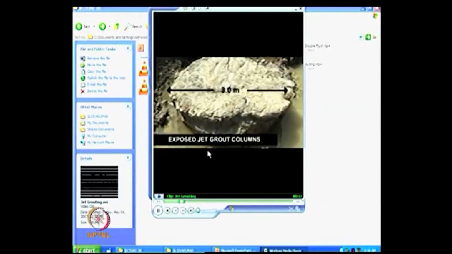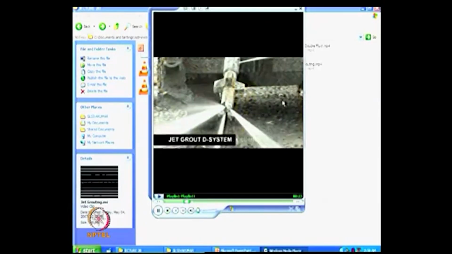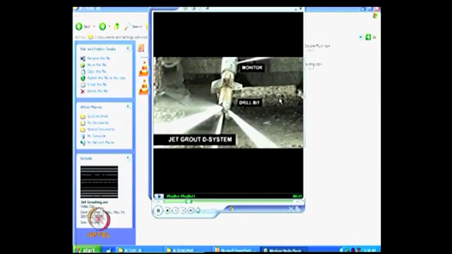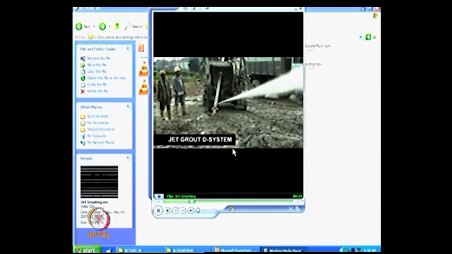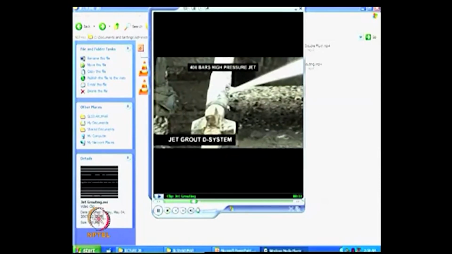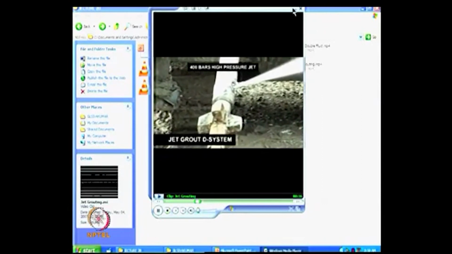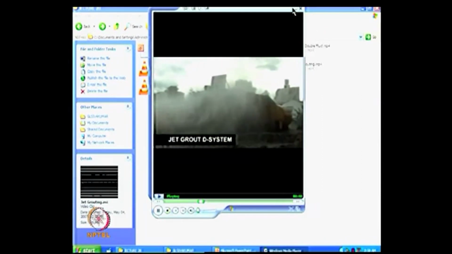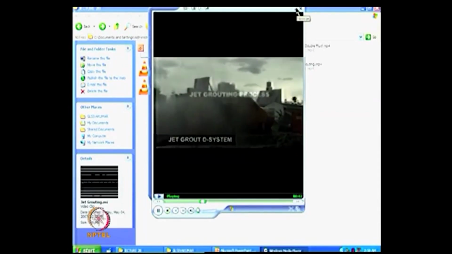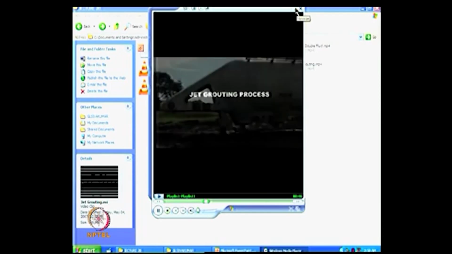This is actually jet grout columns, one can get as high as 2 to 3 meters, you can see that, and they will show you how it is done. So, for example, a drill bit jet, it is called jet grout D system. You know the water is gushing out of this. The way the process is done, we will see that now.